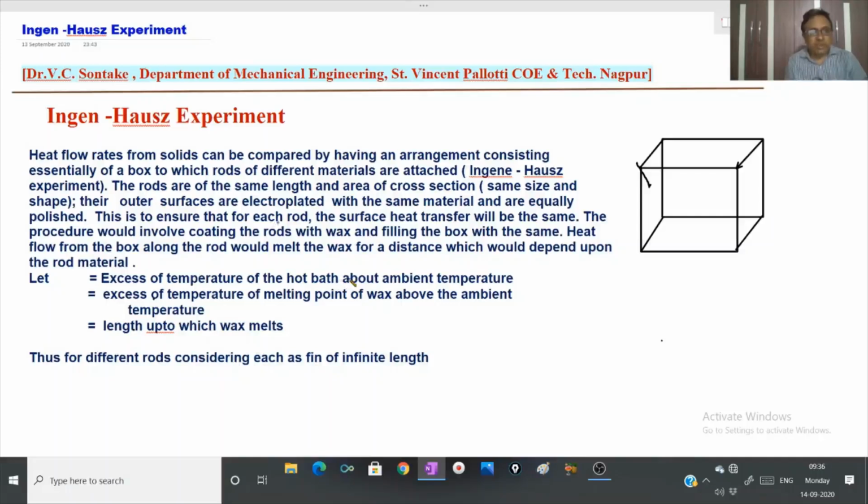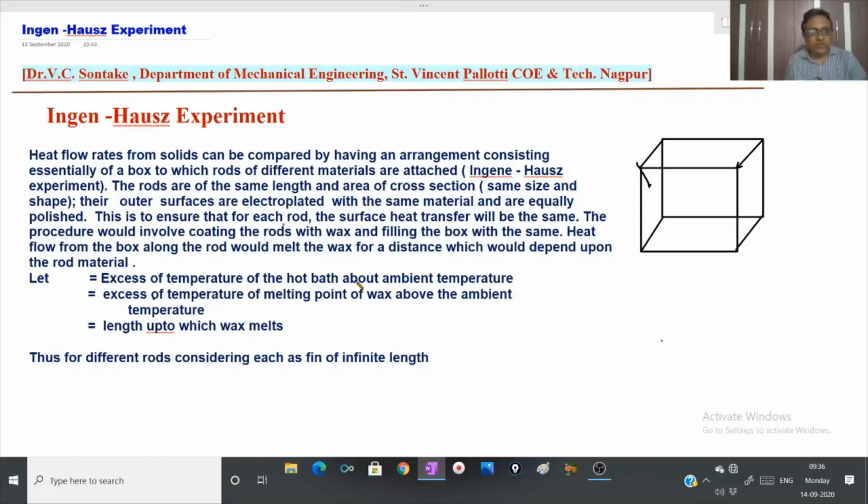The rods are of the same length and area of cross section, so they are of the same size, same shape and same diameter. Their outer surfaces are electroplated with the same material and are equally polished. This is to ensure that for each rod, the surface heat transfer will be the same.